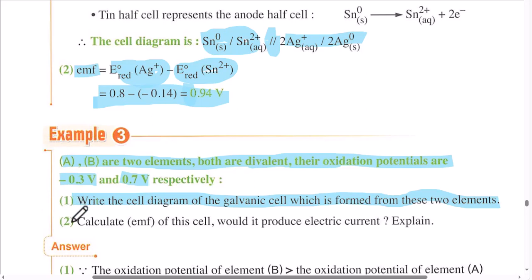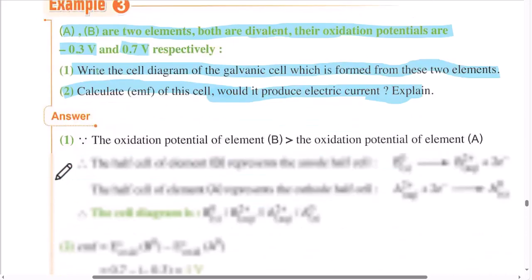Calculating the electromotive force of this cell includes the summation of the oxidation and reduction potentials of the two half cells, the oxidation of the anode and the reduction of the cathode, or by the values of the oxidation potentials: the oxidation potential of the anode minus the oxidation potential of the cathode.